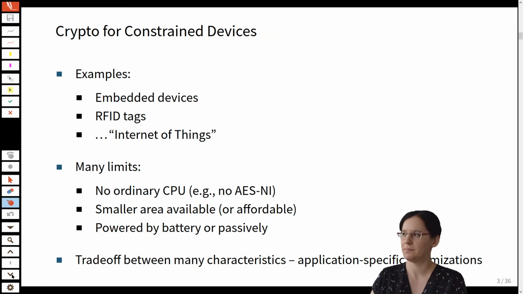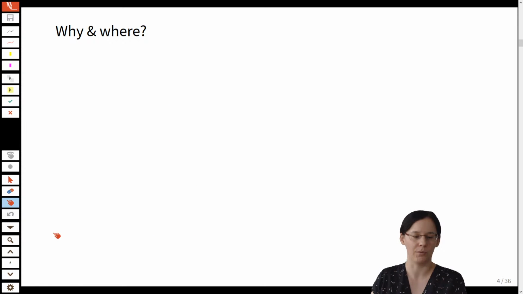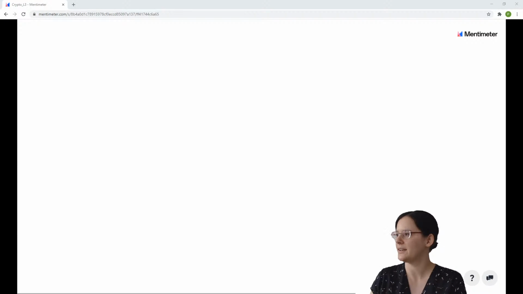So since you all just had your Menti open, maybe one more brainstorming slide at the beginning, namely, where would be places or application examples that you could imagine for constrained devices?